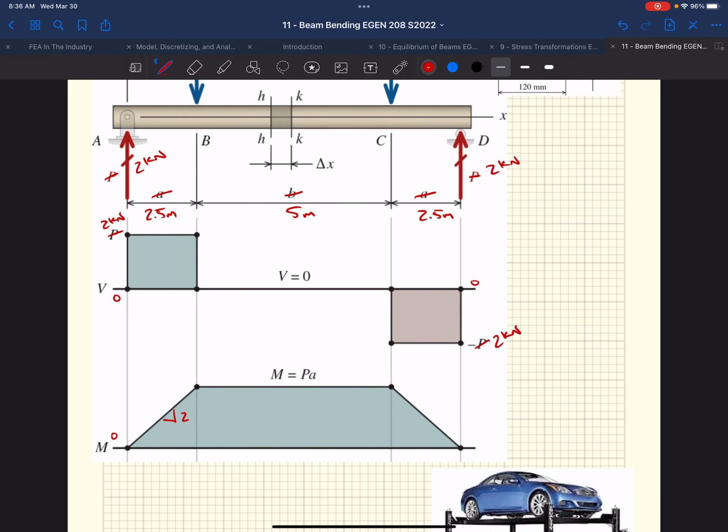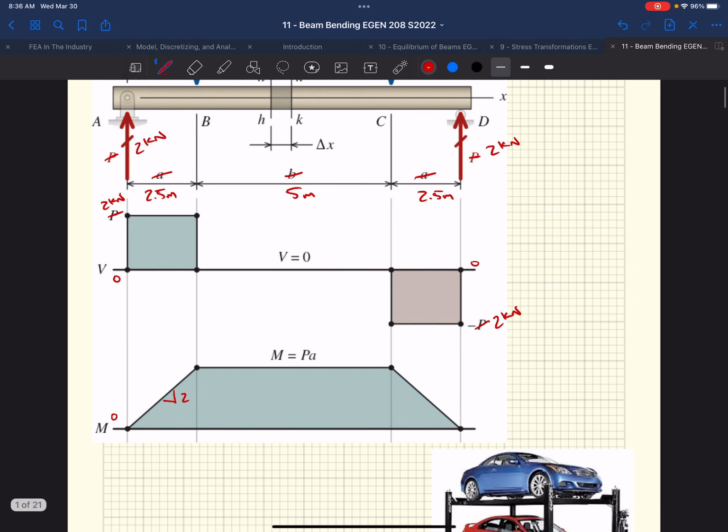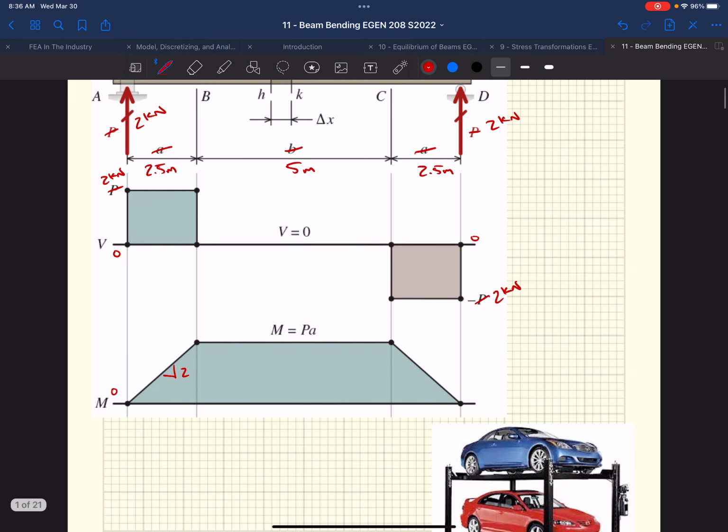So, moment, right, is the area underneath our shear diagram. In this case, we had 2 kilonewtons of shear force. It's acting over 2.5 meters. So that point at the end of our little curve there is going to be 2 kilonewtons times 2.5, or the area under our shear curve.